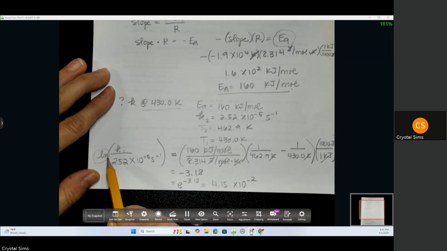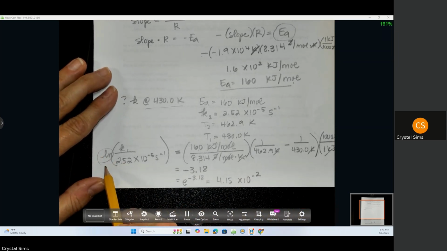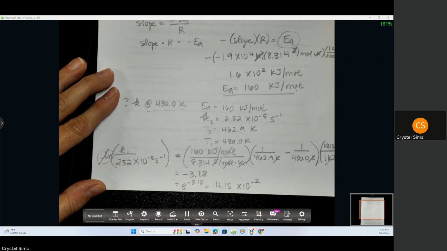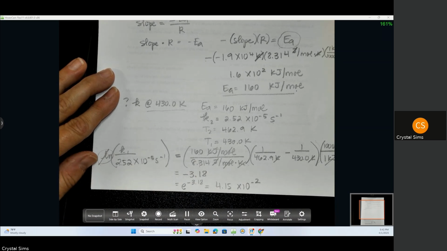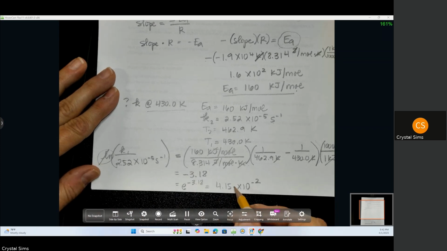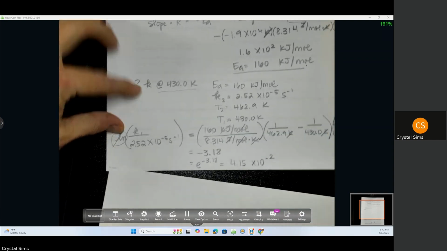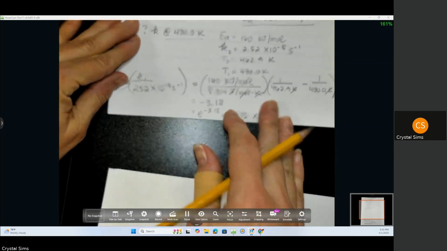But we're not done yet because we've gotten rid of the natural log now because we've used the inverse of that. But we have to still figure out our K1. So I've kind of run out of room. Let me grab another sheet of paper here that I can work.